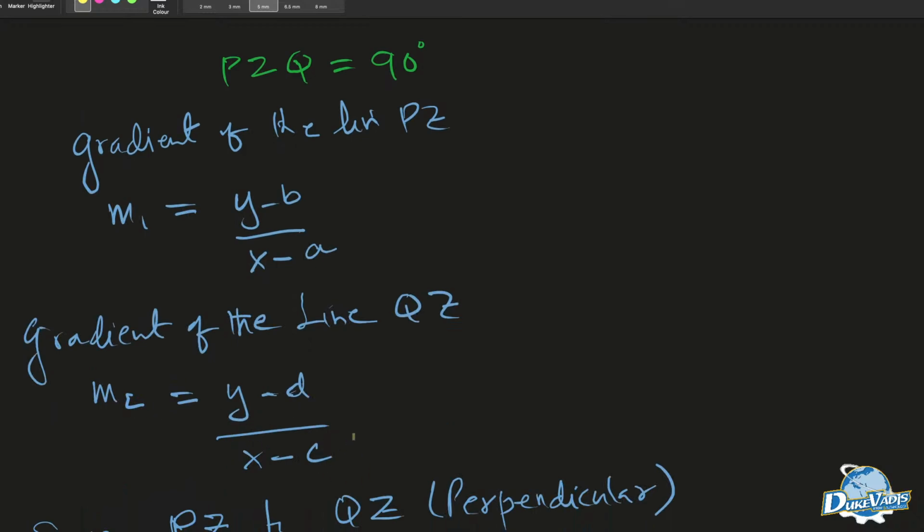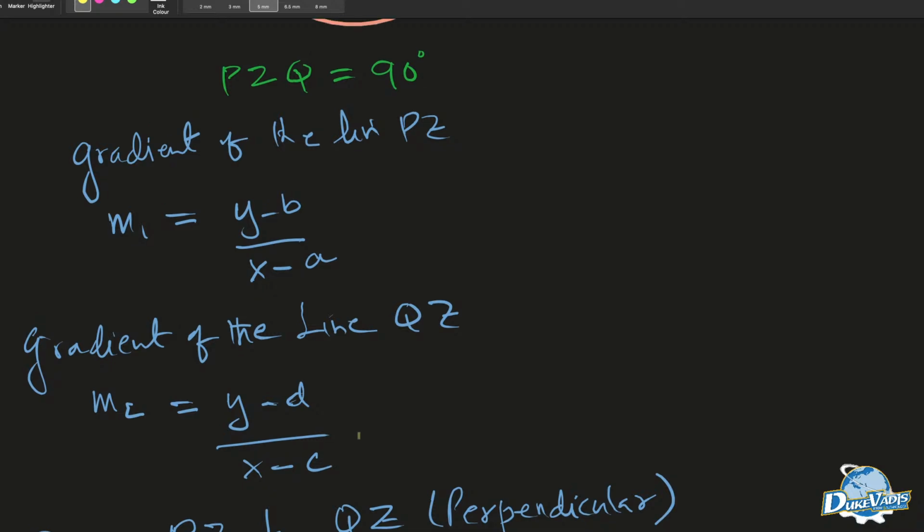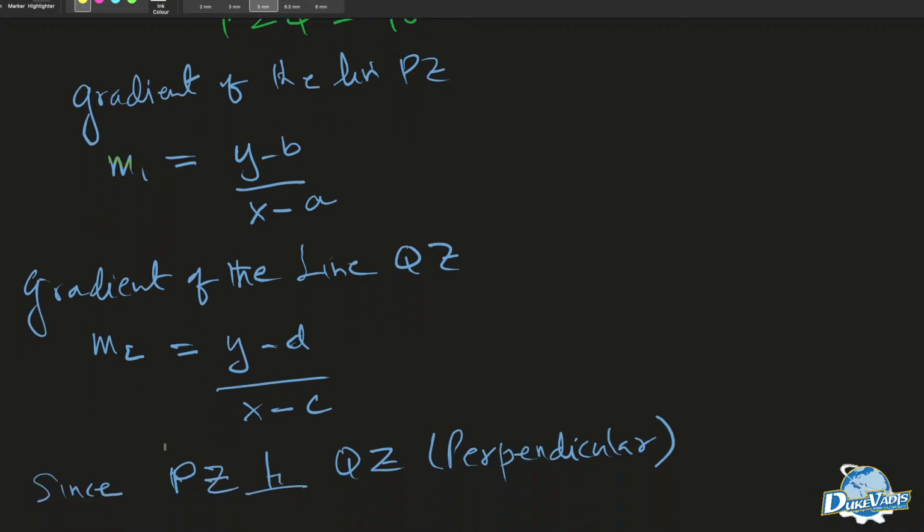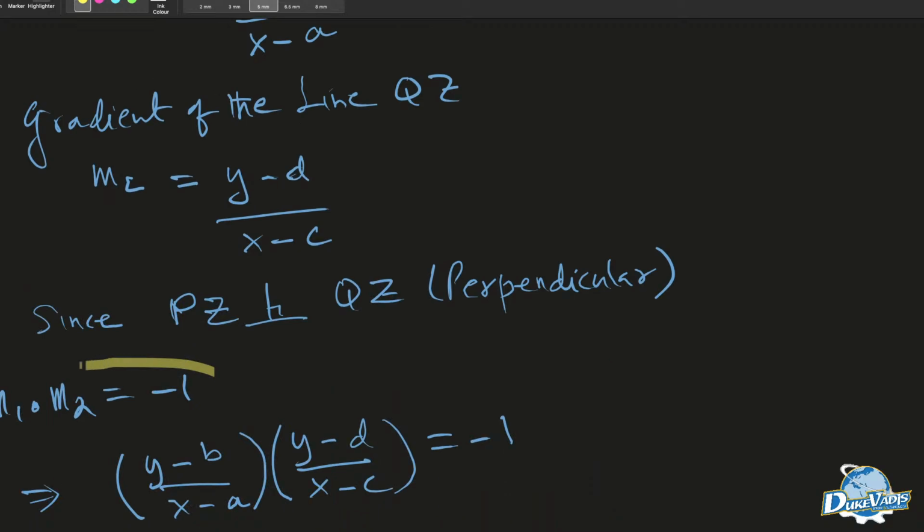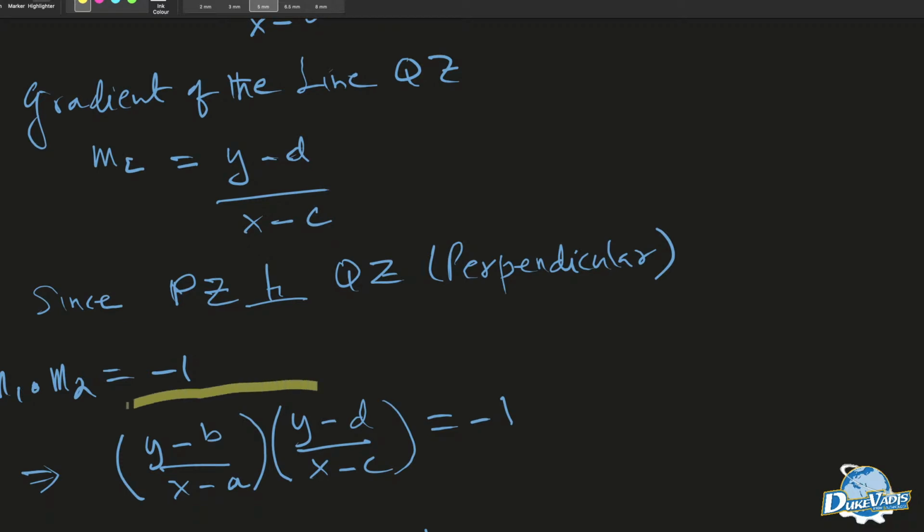Now for sure, we know that PZ and QZ are perpendicular. So when we multiply their gradients, M1 and M2, it should give us -1. That is the order of the day. So M1 times M2 gives us -1, and we put them together. The products should give us -1. Good.